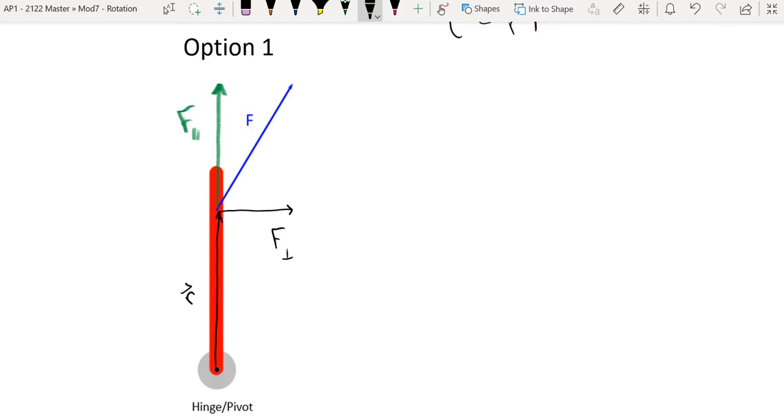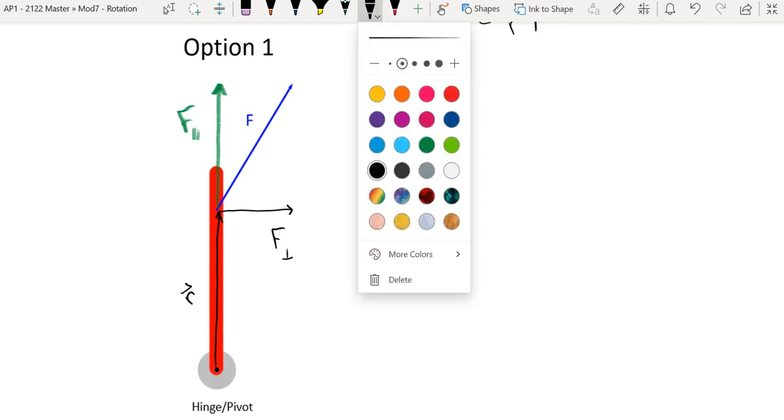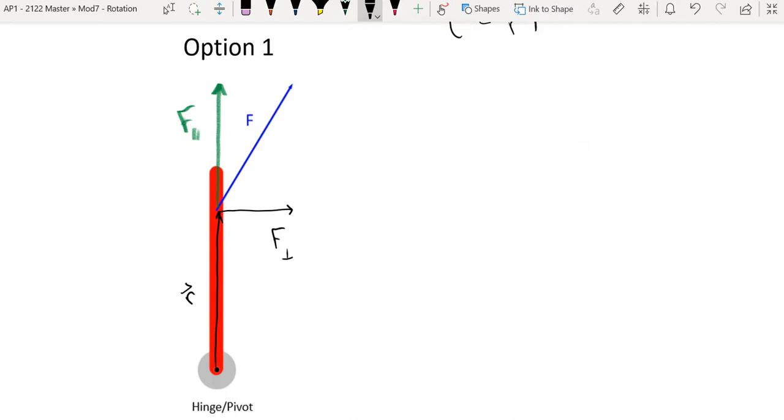If we look at this angle between vector R and F, it means it's also this angle here.